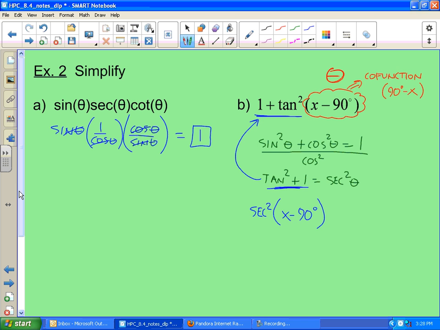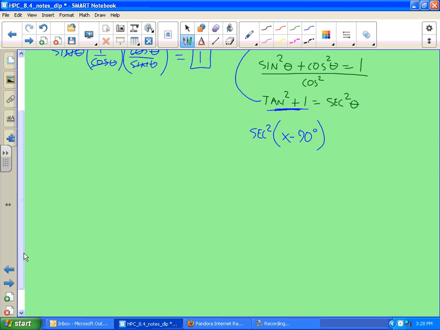If I look at those two, I notice that they're opposites of each other, which means I can factor out a negative. So let's take our secant squared and pull out a negative. I'm going to have a negative x plus 90 degrees in there. And that becomes secant squared of the negative of 90 minus x.